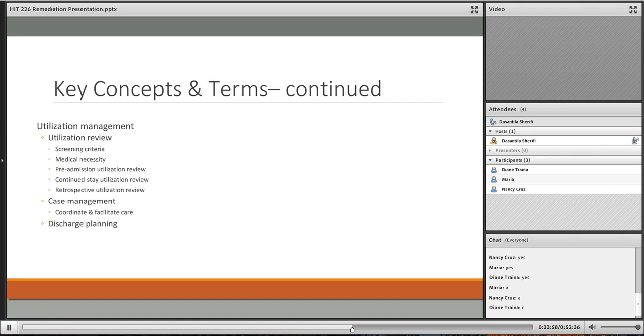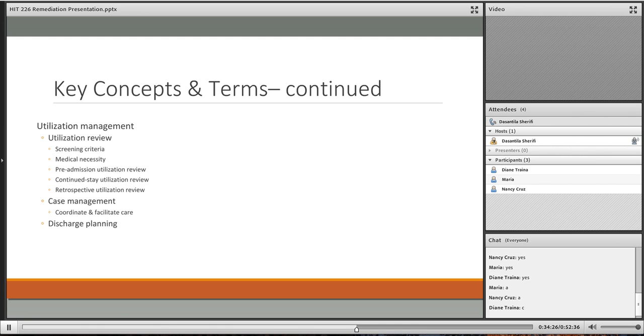The second important function in quality management is utilization management, and this includes utilization review, case management, and discharge planning. With utilization management, make sure that you review things such as screening criteria when the patients first come in and seek a certain service, and medical necessity, whether, let's say, that surgery is required or necessary, or whether admission is necessary.